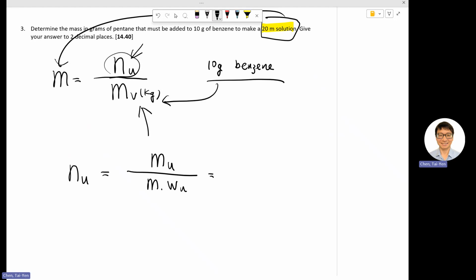In this case, your solute is what? Pentane. What is the molecular weight of pentane? 72. That's the molecular weight of your pentane.